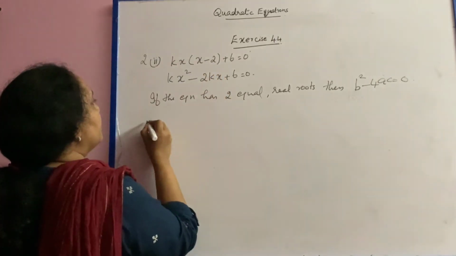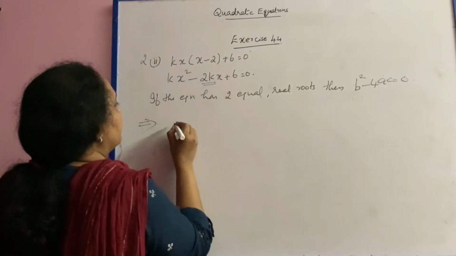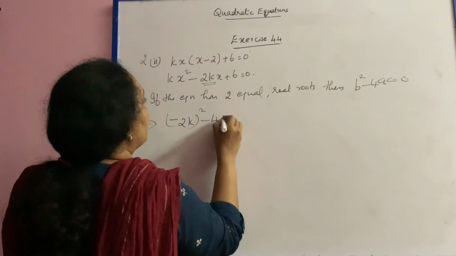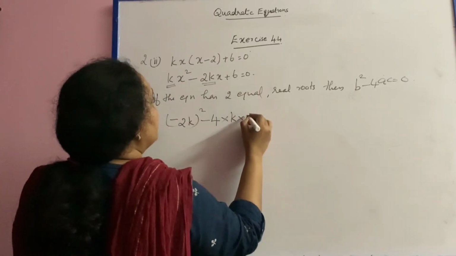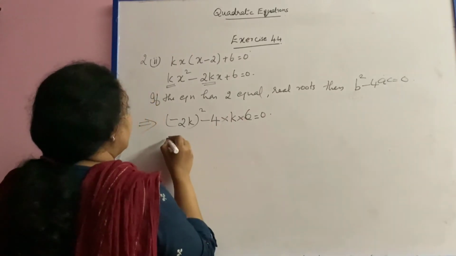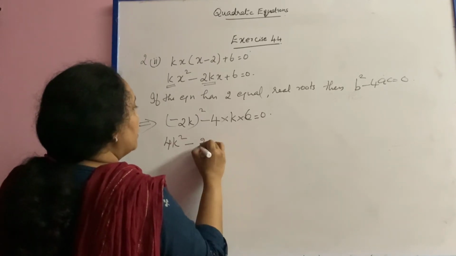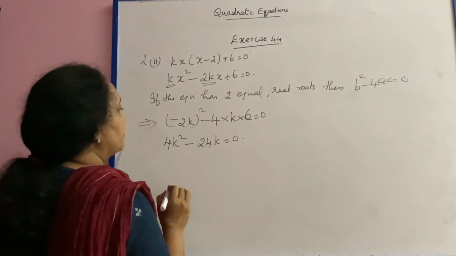Here b is minus 2k, so b square minus 4 into a, which is k, into c, 6, is equal to 0. That is 4k square minus 24k is equal to 0.